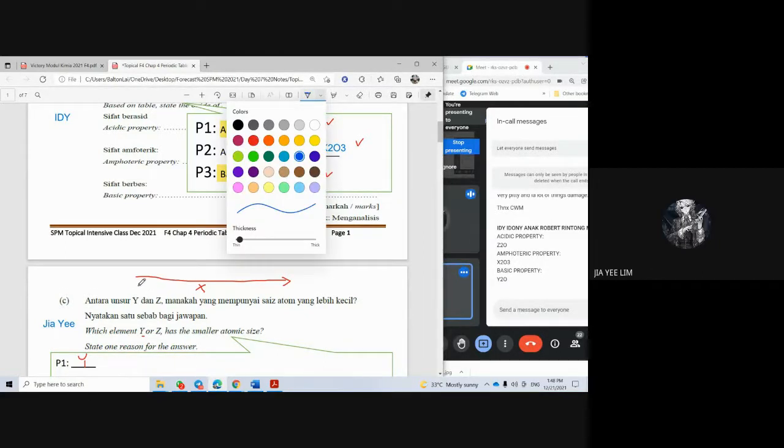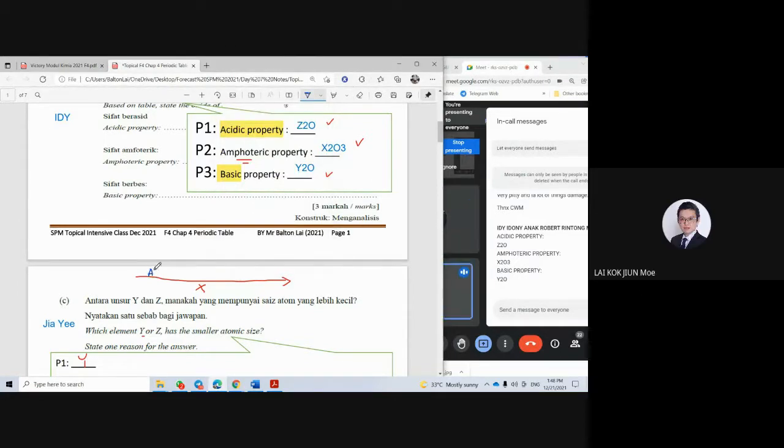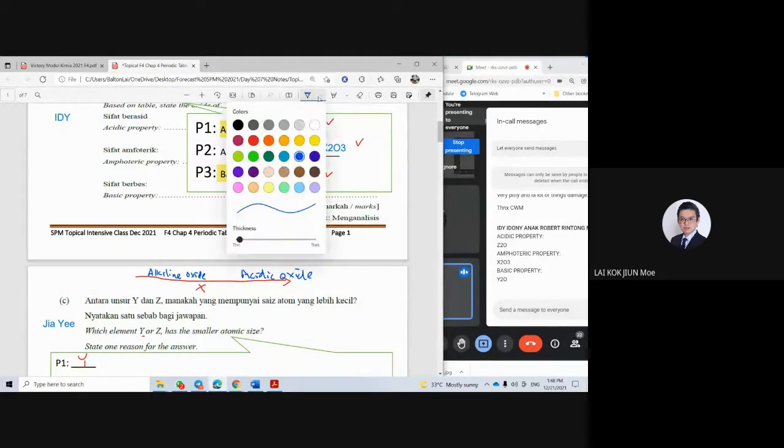So left hand side is alkali. Alkali oxide. So you know alkali oxide here. Alkali oxide here. In the middle is amphoteric, and then this is acidic oxide. Then only you can know already. So this is across the period 3. See, this is across the period 3.